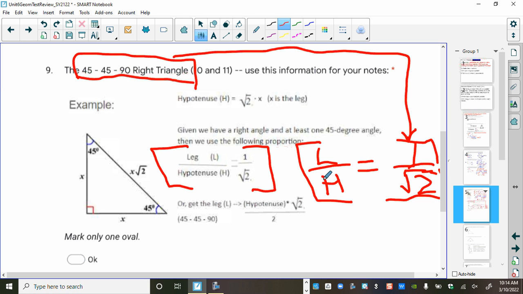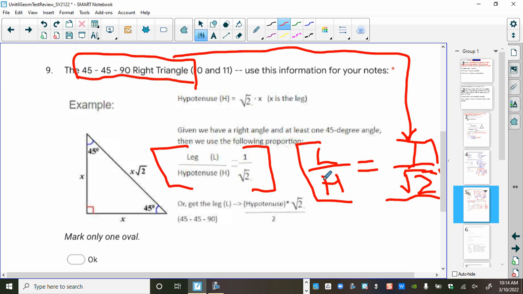L over H equals 1 over square root of 2. So go to the next page. I need everybody to go to the next page. It's very important. Flip to the next page, please.